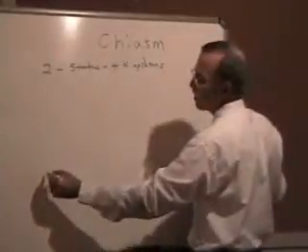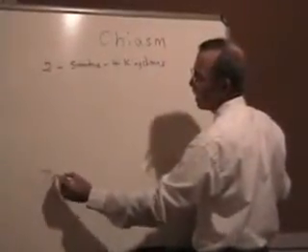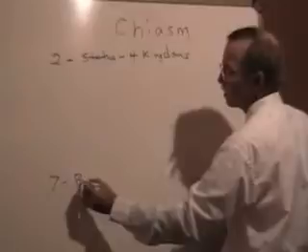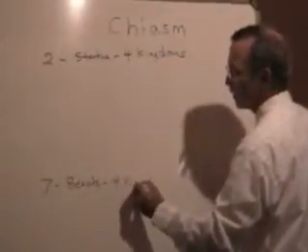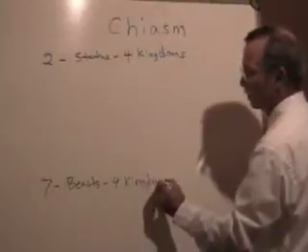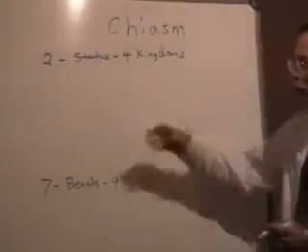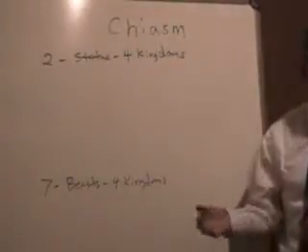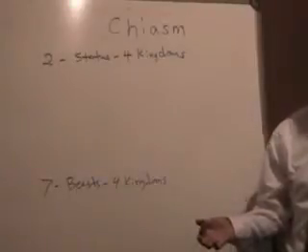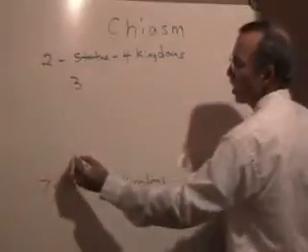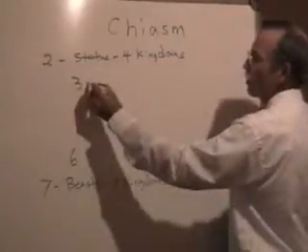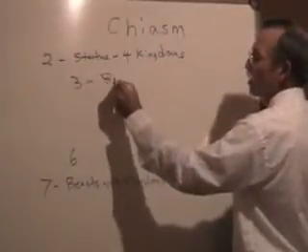And then in chapter 7, you have the dream of the beasts, which is 4 kingdoms. So you've got, on either end, the 4 kingdoms.